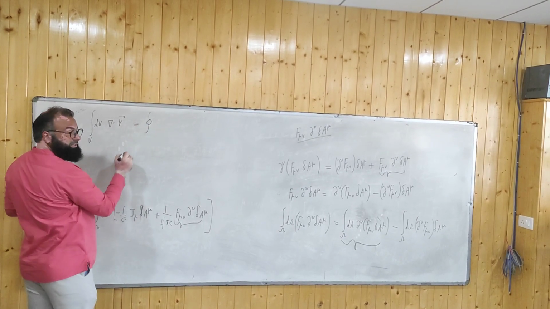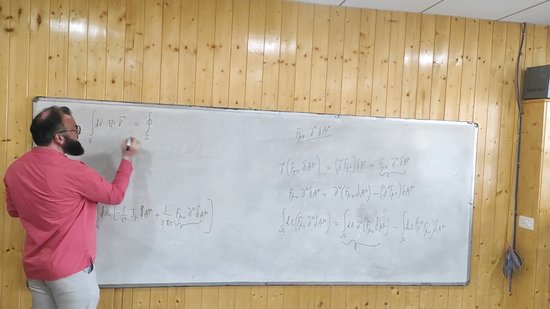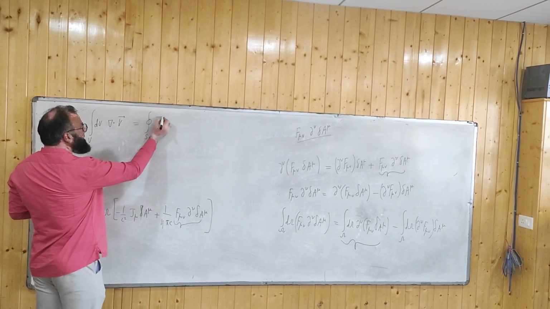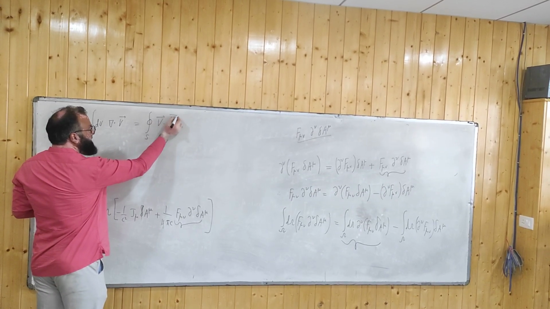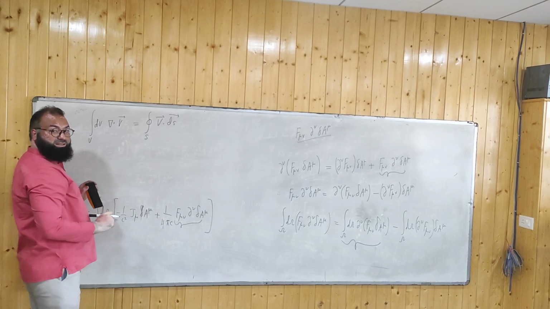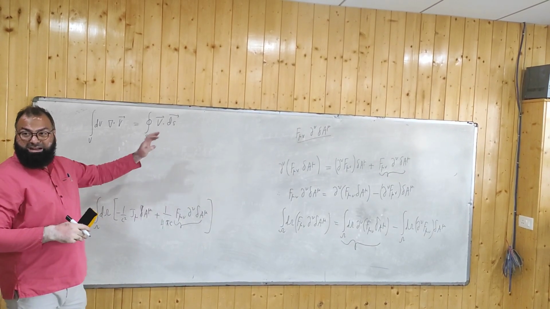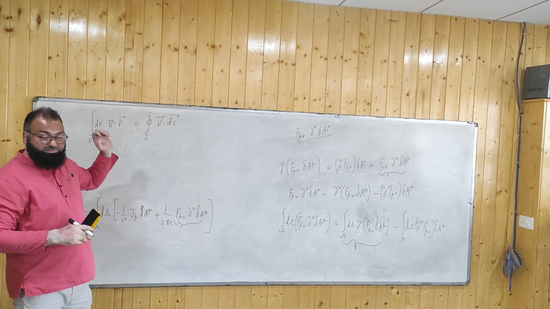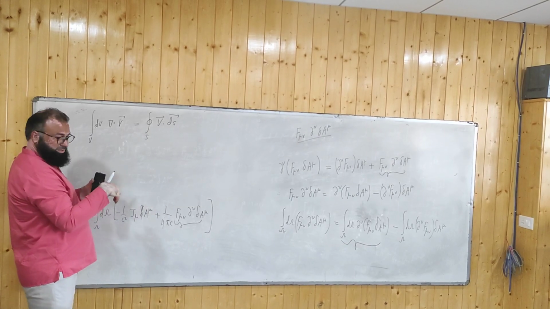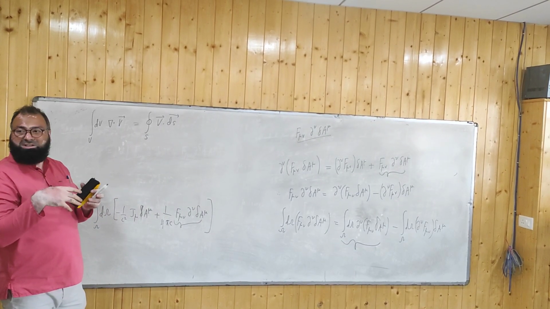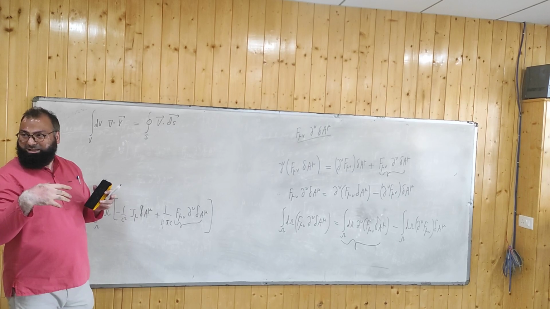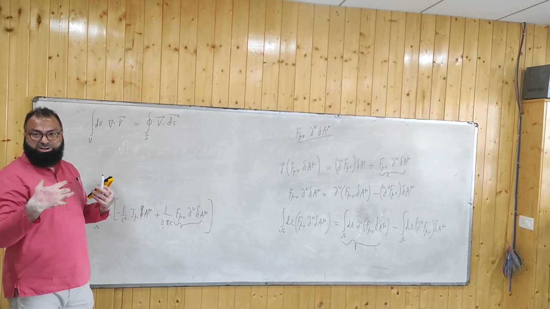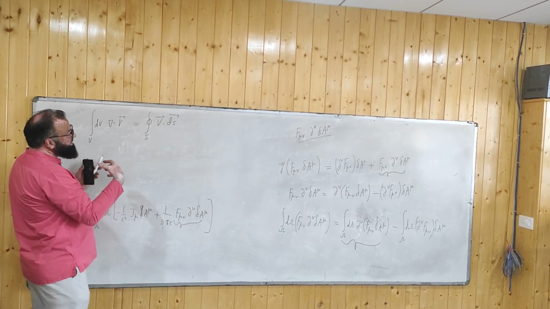So I will take the closed surface, let's call it S, then you have V·dS. So there is a dot product between the surface you are choosing and the vector itself. Now let's assume this V vanishes at the boundary.